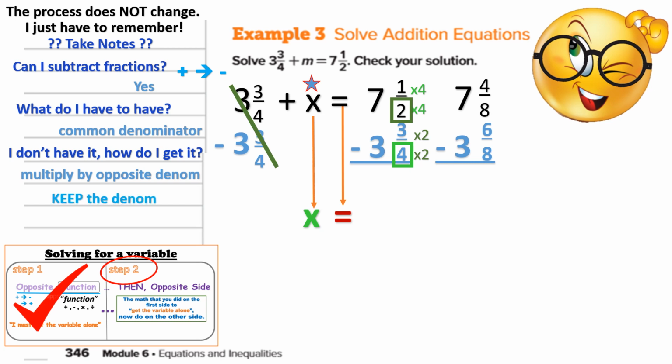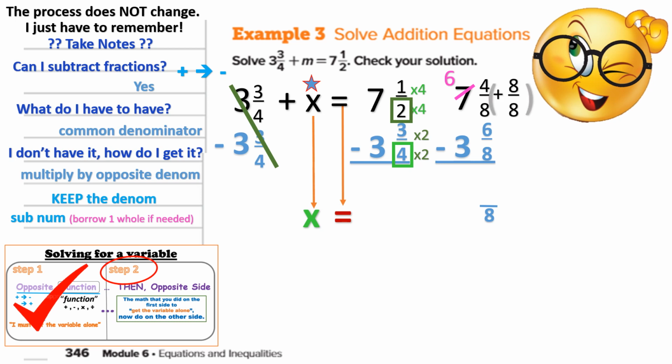Now do I have a common denominator? Yep, I do. What am I going to do with it? I'm going to keep it, and then I'm going to subtract my numerators. So 4 minus 6, can't do that, right? So we've taught this, we've gone over this, we borrow from the 7, 7 becomes 6, and then I'm going to carry one whole. That one whole has to have the same denominator that we have in the math problem.